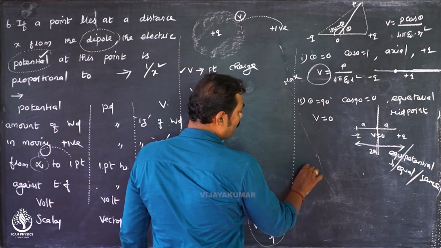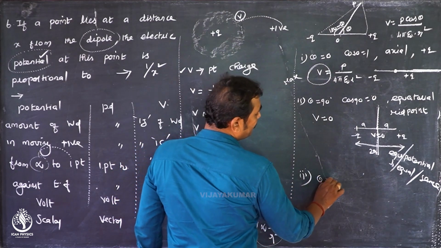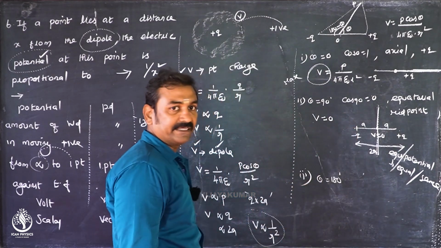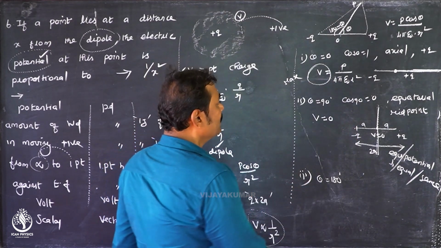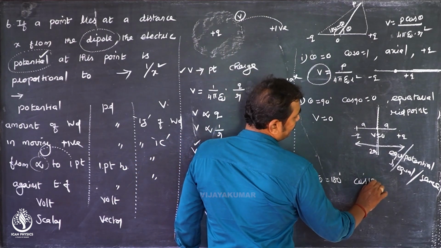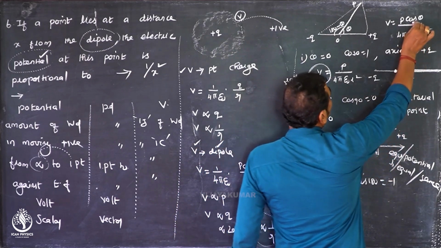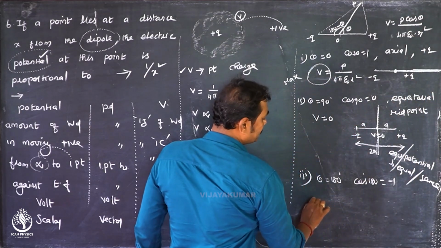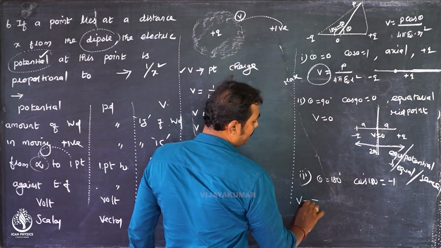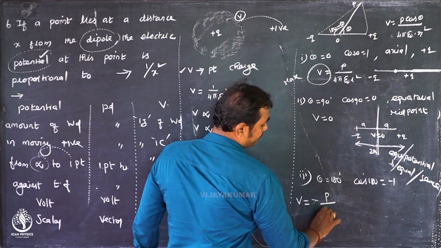Now we can go to the third case. When theta equal to 180, then cos 180 equal to minus 1. Minus 1 into something, so that V equal to minus of something.